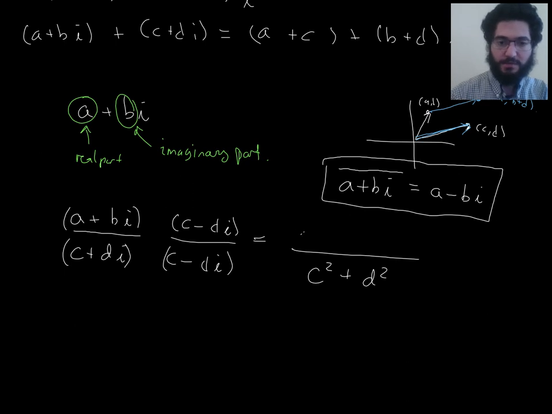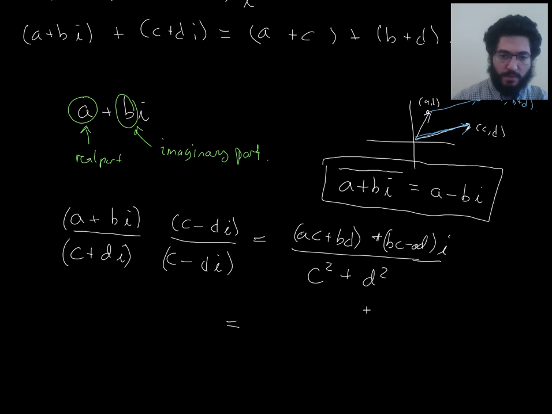And then in the numerator you get, I guess, AC plus BD, because it's B times negative D times I squared, and then plus something times I, and the something has the cross terms, so BC minus AD. Okay, so do you see how this is a complex number?